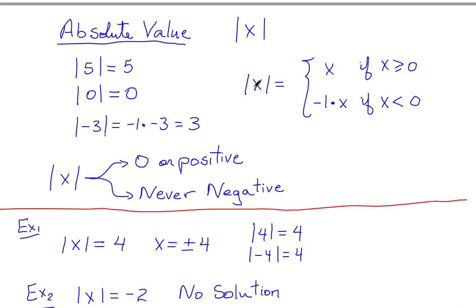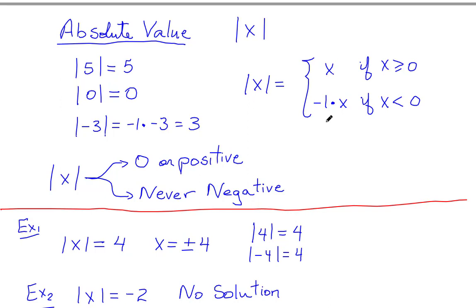That's why if you look at the definition for absolute value, you see absolute value of x is x anytime the number is 0 or bigger. And if it's negative, then the way you get rid of the negative is to multiply it by a negative 1.